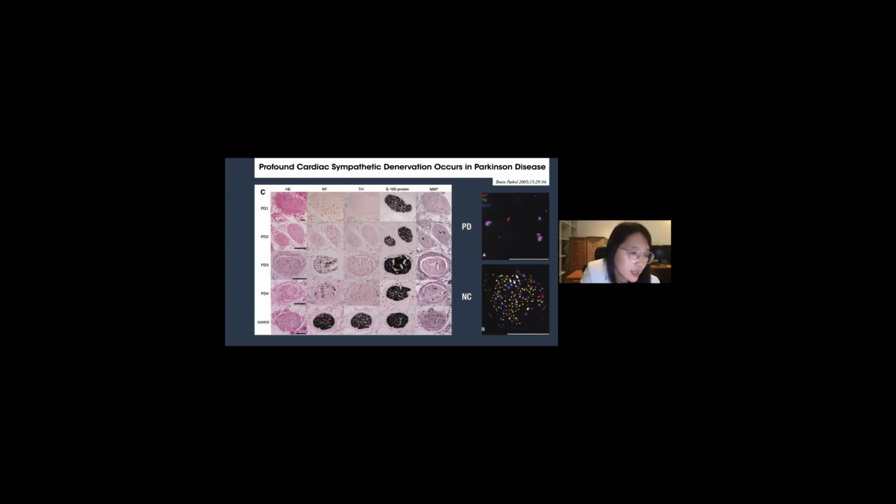In PD, tyrosine hydroxylase, neurofilament, and myelin basic protein immunoreactive axons are markedly decreased in number, with morphological degeneration of cardiac sympathetic nerve.